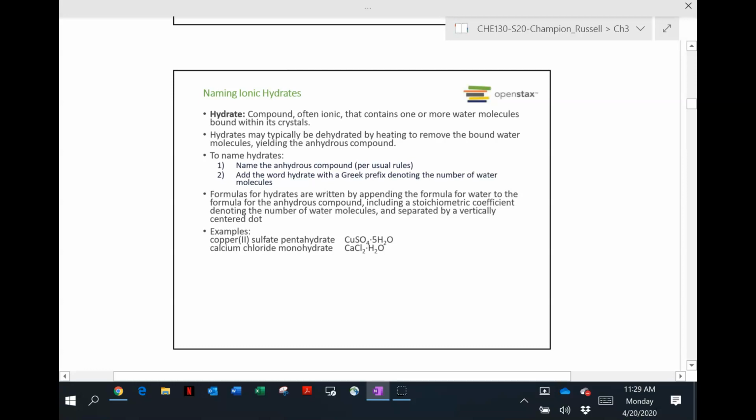So for example, if we look down here at these hydrates, copper sulfate, if I have just that single CuSO4, water molecules like to stick to it. So if some water molecules get into your electronic packaging where you don't want them, they'll stick to that copper sulfate at the ratio of 5 water molecules per copper sulfate formula group, and so this acts as a drying agent. So this is called the anhydrous form.